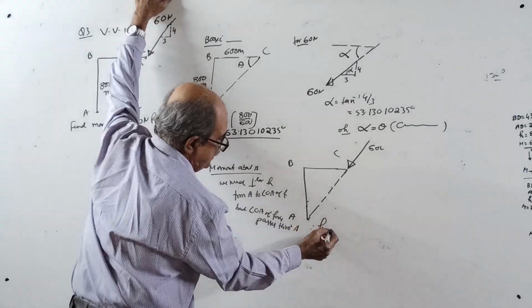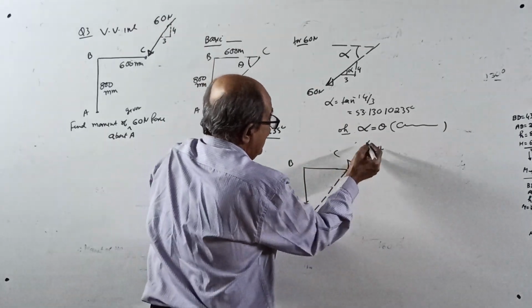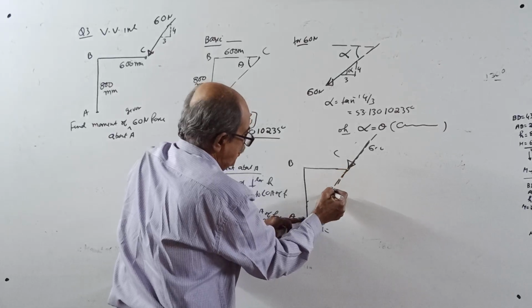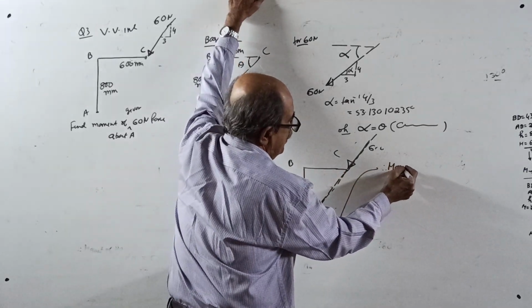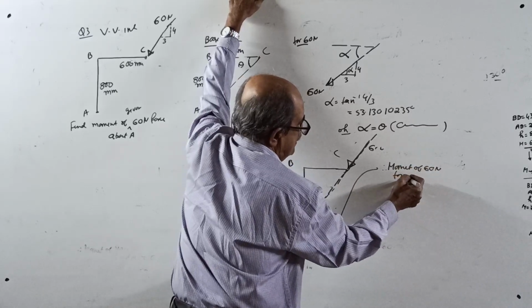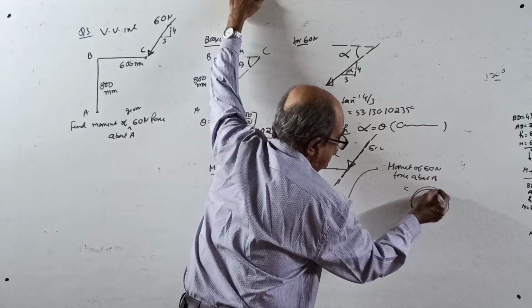Therefore the perpendicular is not there; this point A unknowingly lies on the line of action of the force. Write that reason. Therefore, the moment of the 60 Newton force about A equals 0.